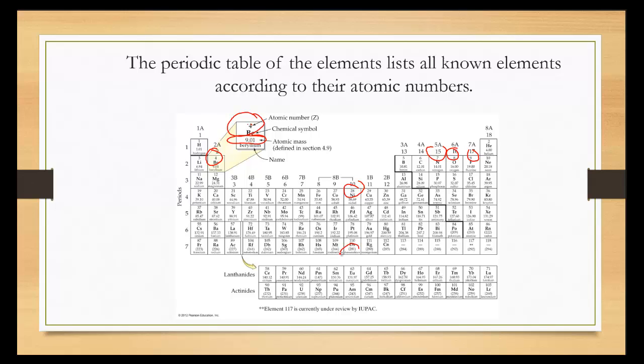Sometimes the atomic mass is a whole number, but these are elements that only occur in a fleeting amount of time. They can't get a really good accurate weight on it. But most of the time, the atomic mass is a rounded off number, and it has a decimal place. The atomic number is the number of protons, and it's the whole number, and it's the smaller of the two numbers.